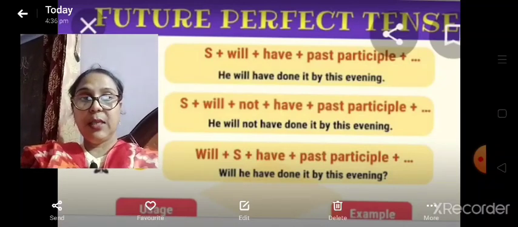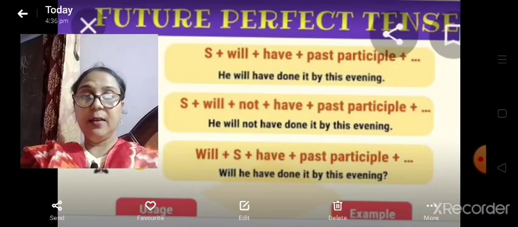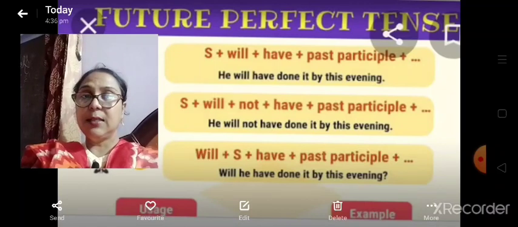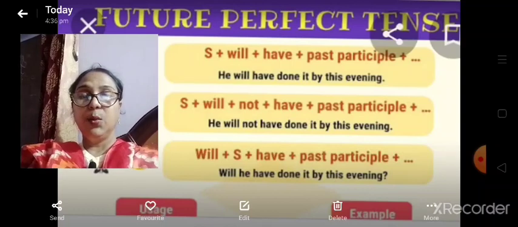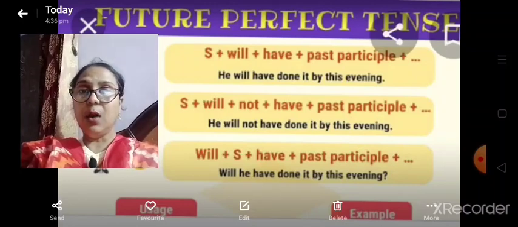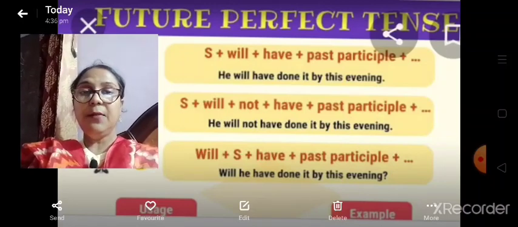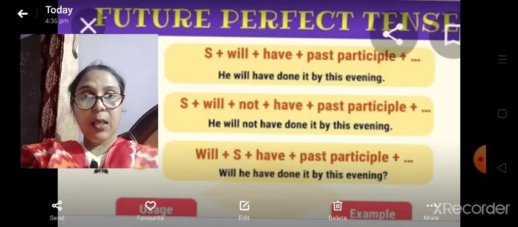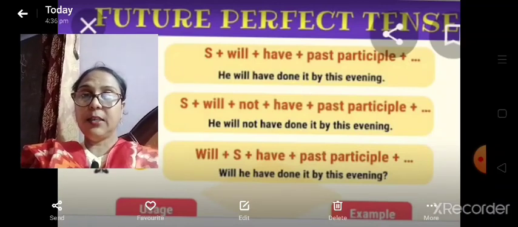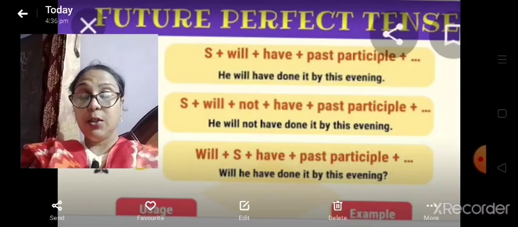And in the second sentence, he will not have done it by this evening, you can see subject, will plus not, plus have, plus past participle, and the other words of the sentence. So whenever you make a negative sentence in future perfect tense, always keep in mind that you write will not have and the third form of the verb.